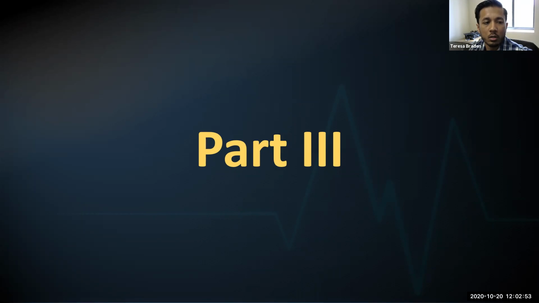We got through most of the QRS complex, including fractionated QRS complexes, as well as AV blocks. So now we are going into part 3, which is going to be QT, and then I should be able to get into the ST segments. And then for part 4, we'll go into the specific EKGs that you should know, the certain patterns, as well as ones that are specific to African Americans.